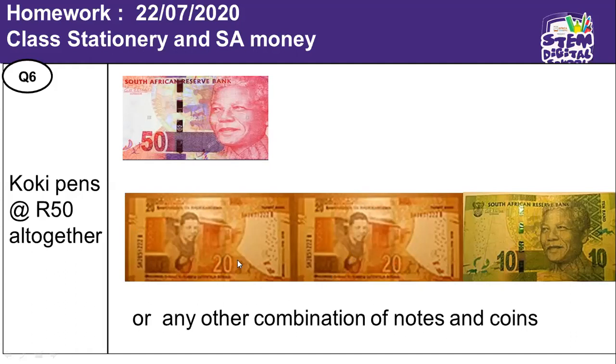So it's 20, 40, and 50. So that's your 50 Rand. There I mentioned that you can have any other combination of notes and coins.